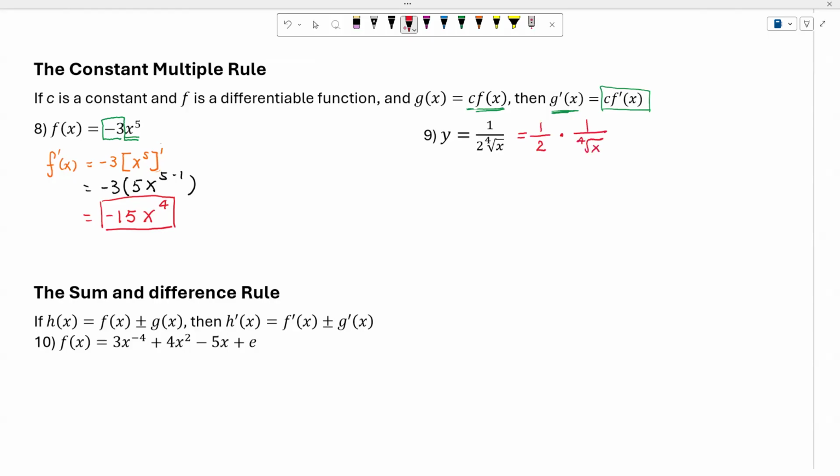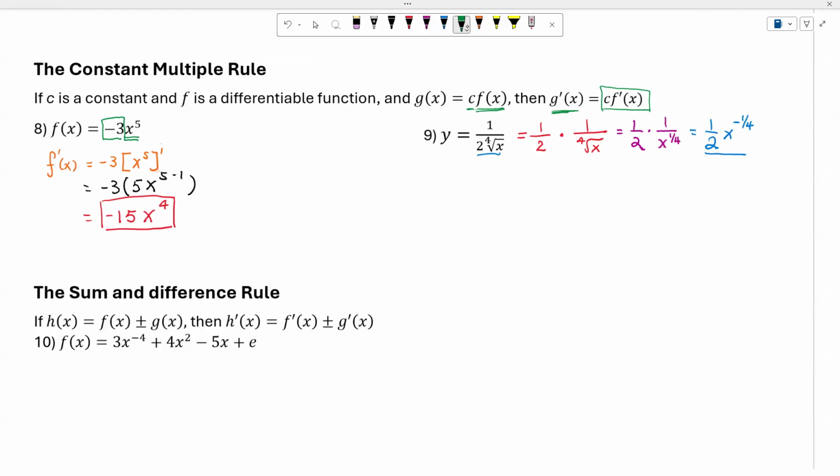Then it will be 1 over 2 multiplied by 1 over x to the power of 1/4. And I will have 1/2 x to the power of negative 1/4. So y equals 1/2 times x to the power of negative 1/4. This is my first step.